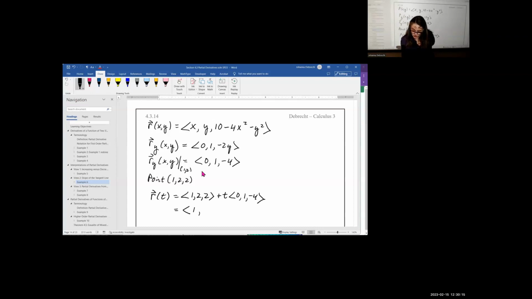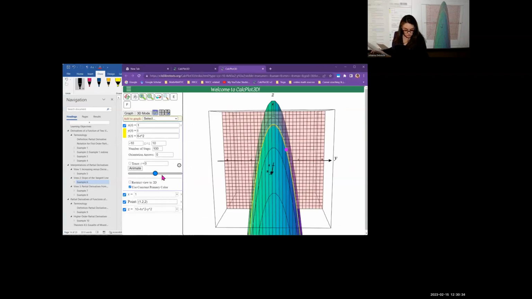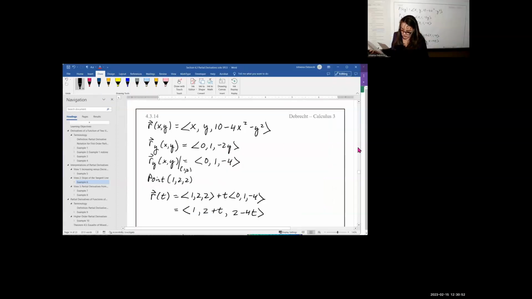So this would give me 1 plus 0t, 2 plus t for the middle component, and 2 minus 4t for the last component, right? So let's see, 1, 2 plus t, 2 minus 4t.